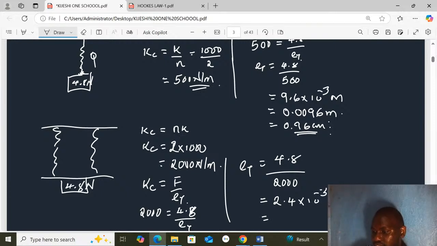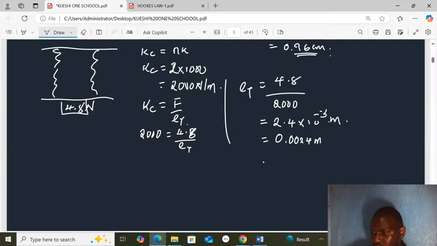And this is equivalent to 0.0024 meters, which is 2.4 centimeters.